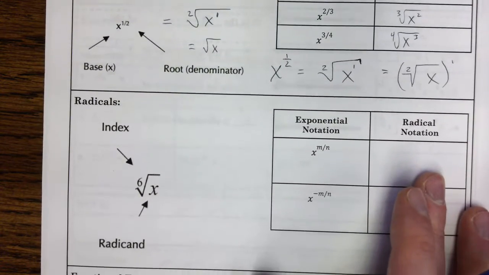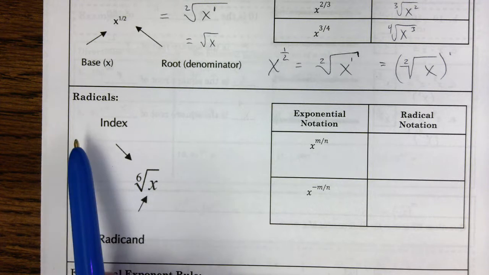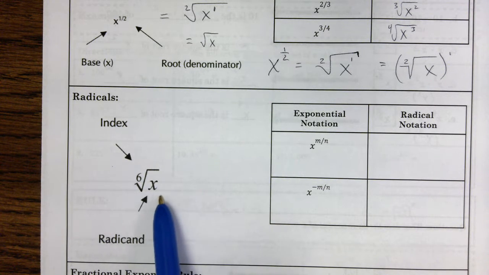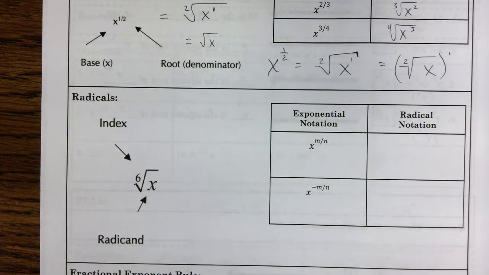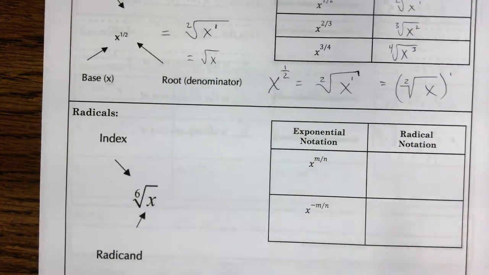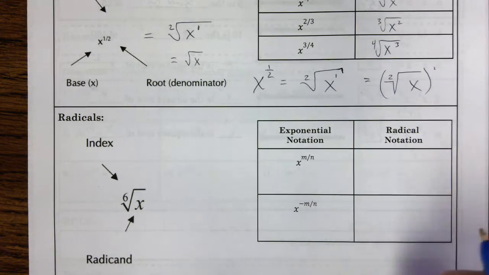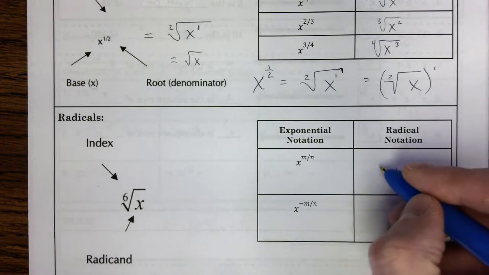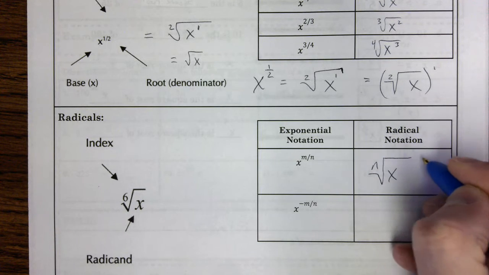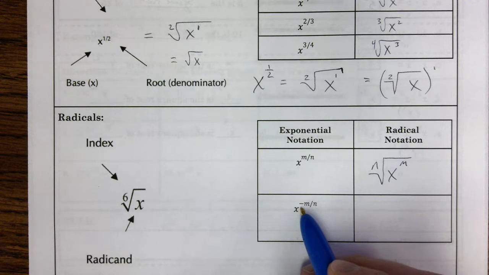So in radical form, this root is also called the index, and the inside is called the radicand, the base, right? So the previous base was the radicand. This root denominator was the index. So in radical notation, x is the base, n is the index or radical, and m is the power, right? We know that the negative doesn't change.